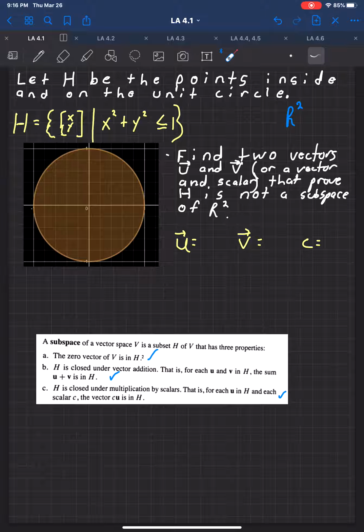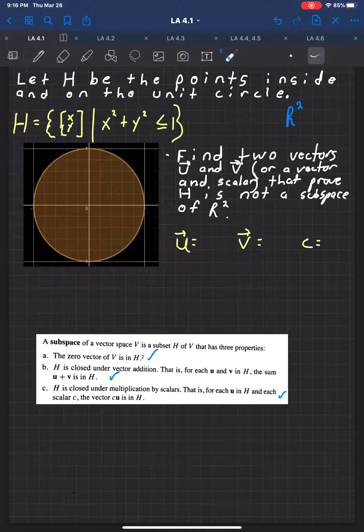All right? Now, our job is going to be to find two vectors, u and v, or a vector and a scalar, right? You have a choice. So find two vectors, u and v, that prove H is not a subspace of R2.